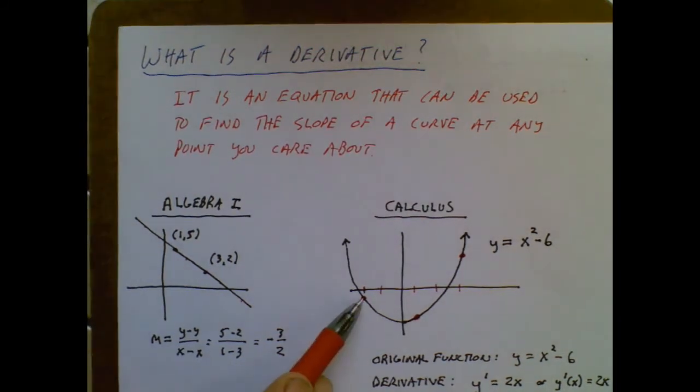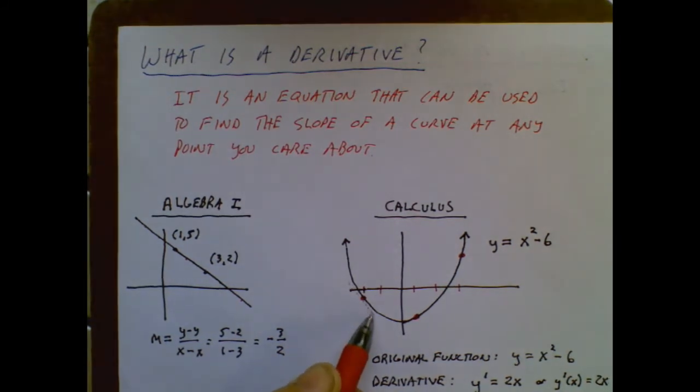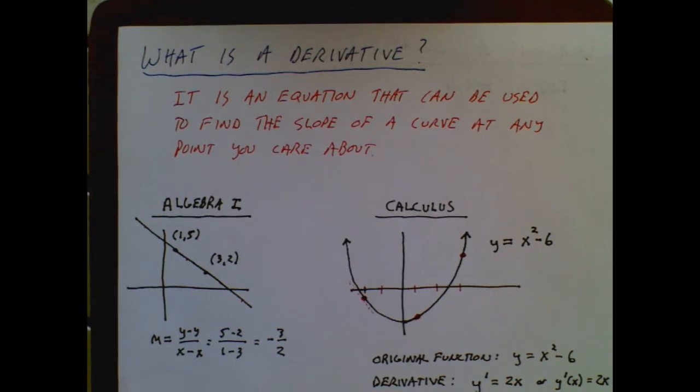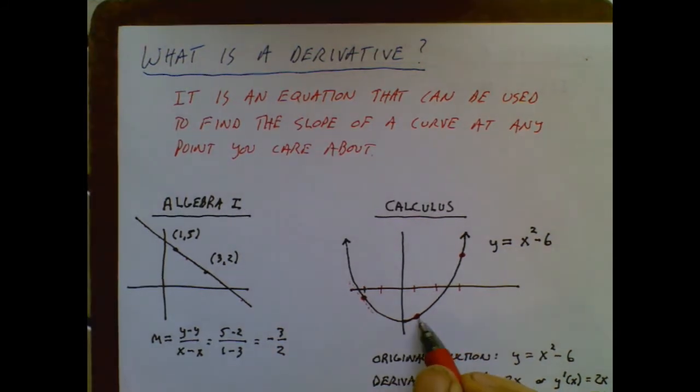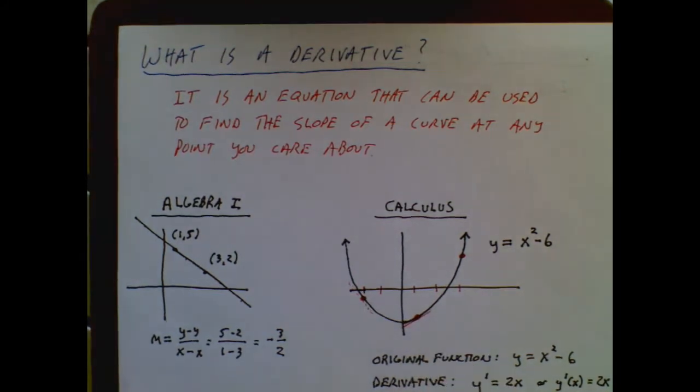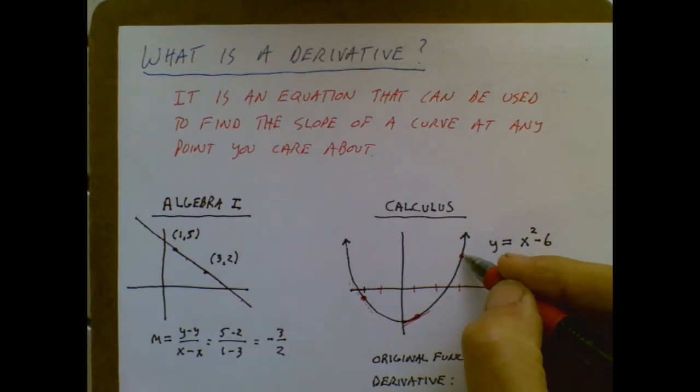This one, if you wanted to visualize the slope, you kind of think of a tangent line like that. Tangent line is a line that just barely touches the graph in exactly one spot. At this spot, the tangent line would look like that, and up here the tangent line would look like this.